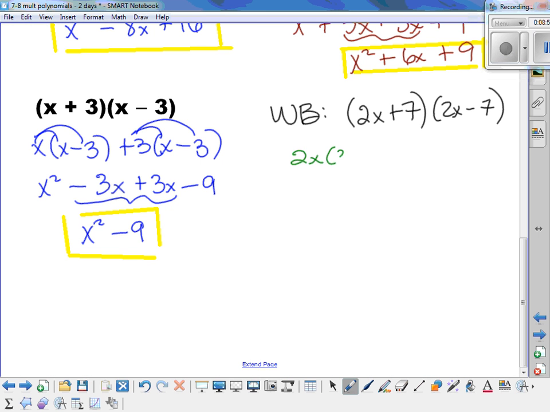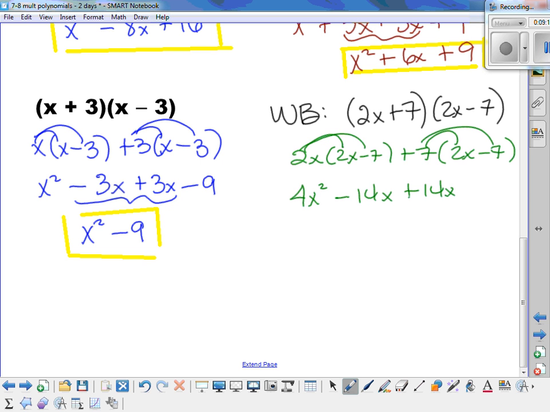We've got 2x times 2x minus 7 and a plus 7 times 2x minus 7. So 2x times 2x gives me 4x squared. 2x times negative 7 gives me negative 14x. Here I have a positive 14x. And then 7 times negative 7 is negative 49. So here the middle terms drop out again, and you end up with 4x squared minus 49.